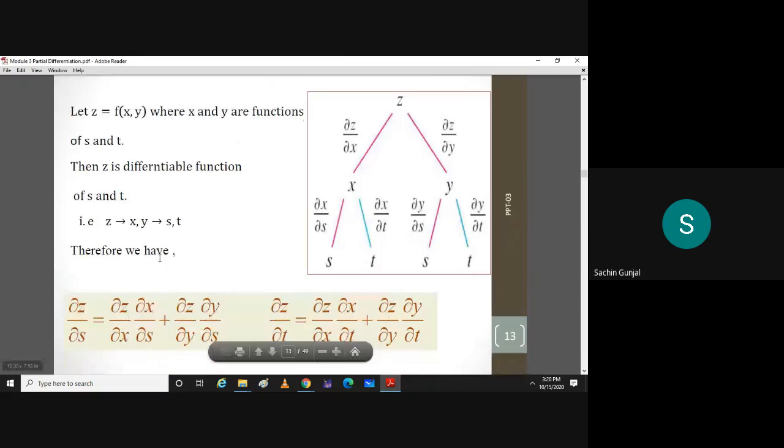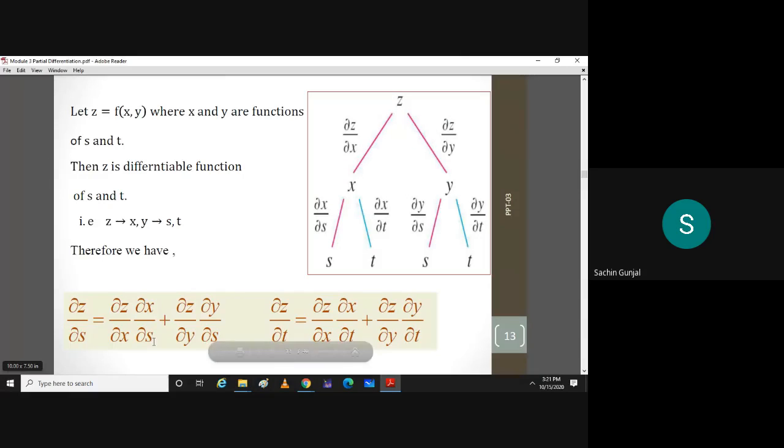So the rule is, partial z by partial s is equal to z with respect to x, that is partial z by partial x, into x with respect to s, plus z with respect to y, then y with respect to s. Note that this s is common.